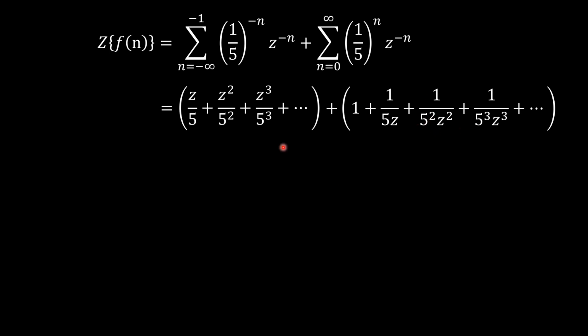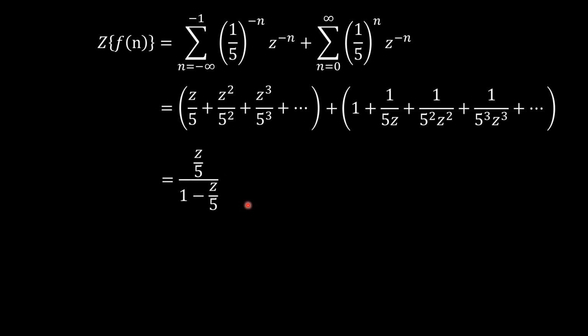plus so on. Both are in geometric progression, in which the first one has first term z upon 5 and common ratio z upon 5, whereas the second GP has first term 1 and common ratio 1 upon 5z.